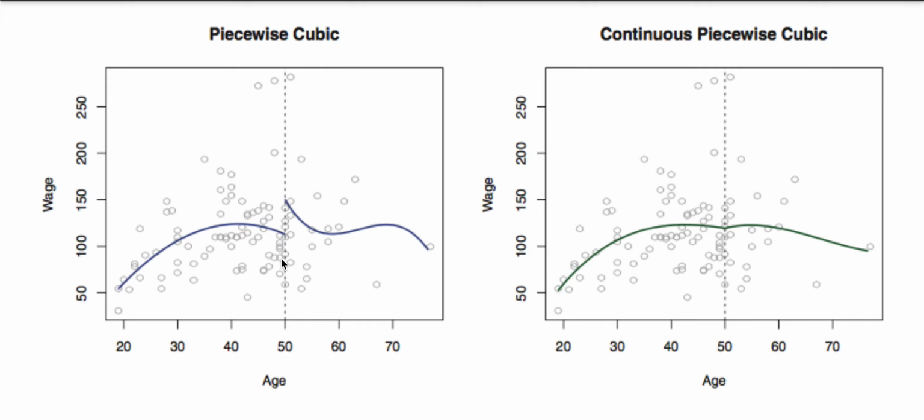The problem is that we experience a jump. We see a jump here, and this doesn't make sense. Why should we have this discontinuity at age 50?